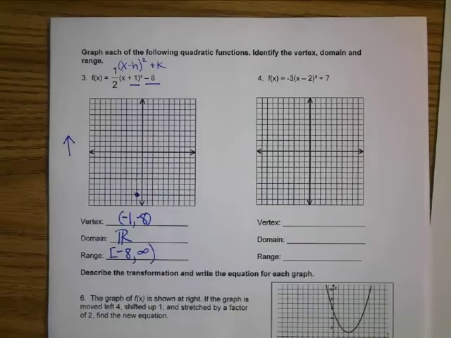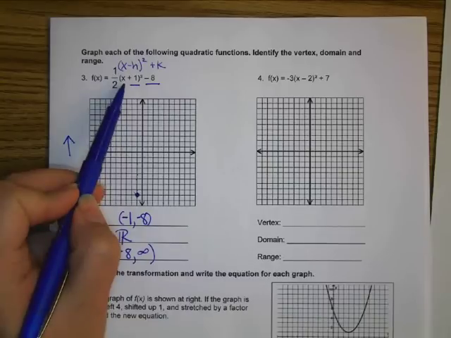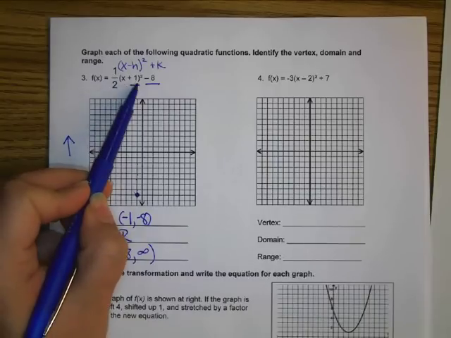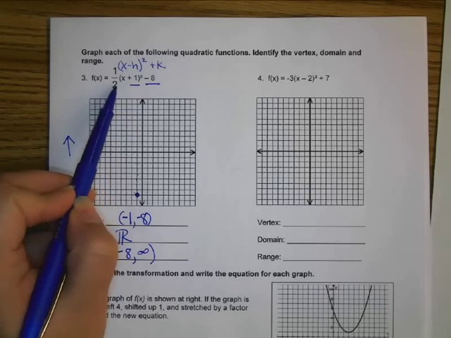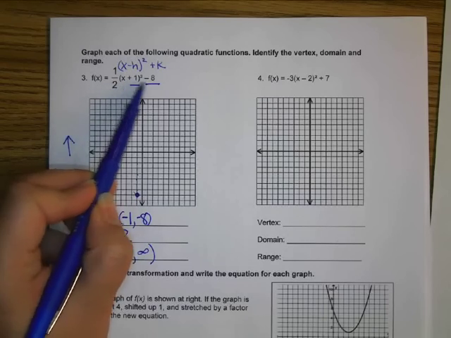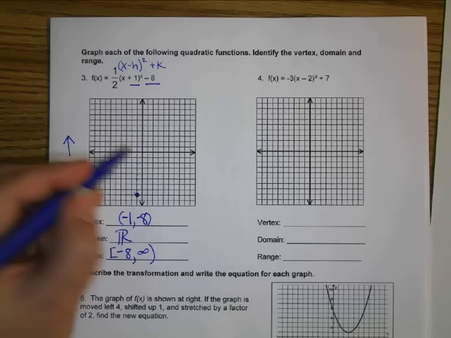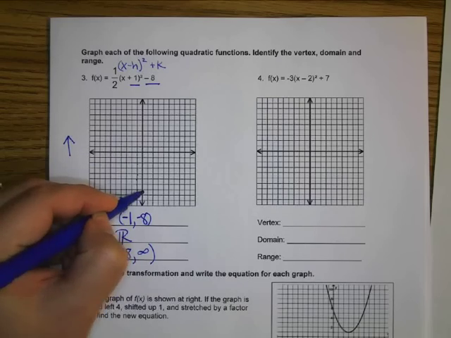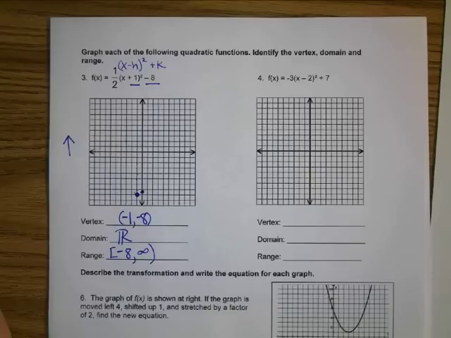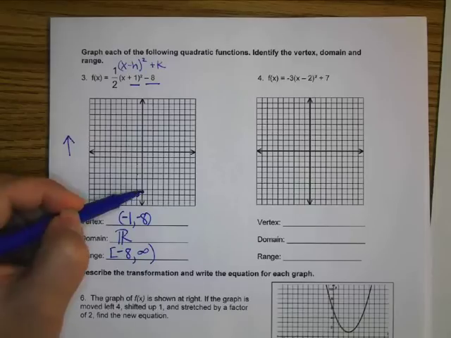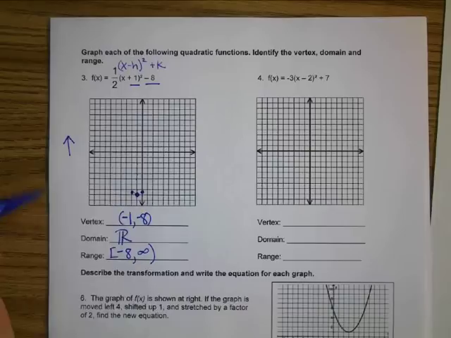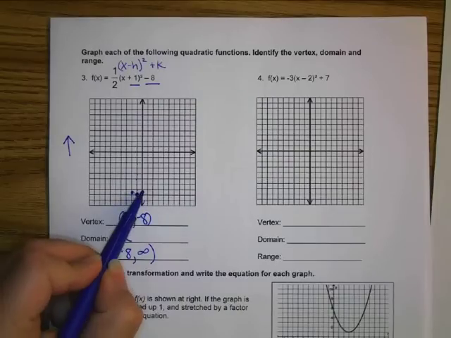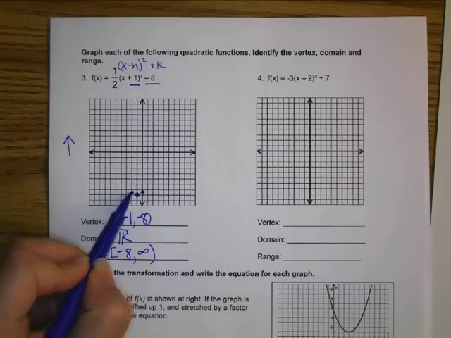And a quick way to check some points, I always like to plug 0 in. So 0 plus 1 is 1. 1 squared is 1. Half times 1 is 1/2, minus 8 is negative 7.5. So (0, negative 7.5) is a point. And I can use symmetry to then conclude, if I go over 1 up a half, then I go over 1 up a half in this direction.